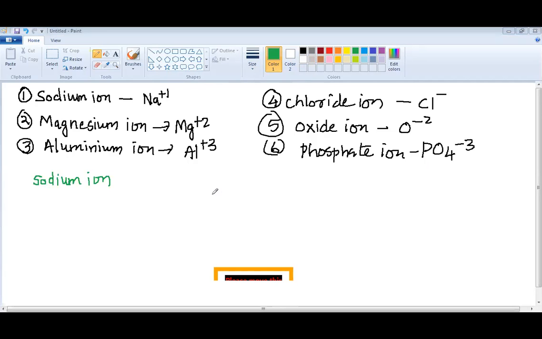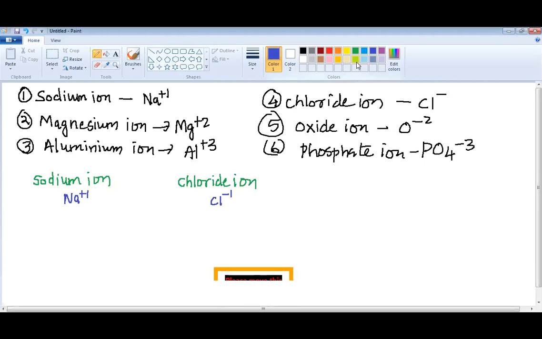Then we can write the chloride ion. Let's write it with some other color. Chloride ion. Then we should write their symbols. For sodium, we shall write Na plus 1. For chlorine, we shall write Cl minus 1.